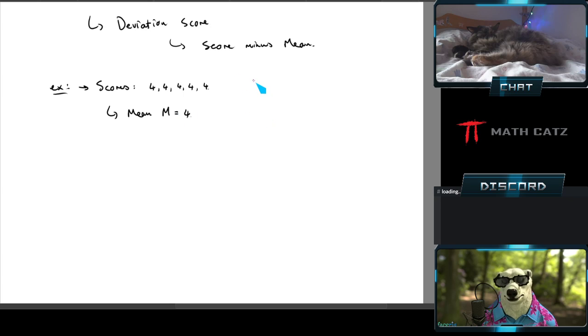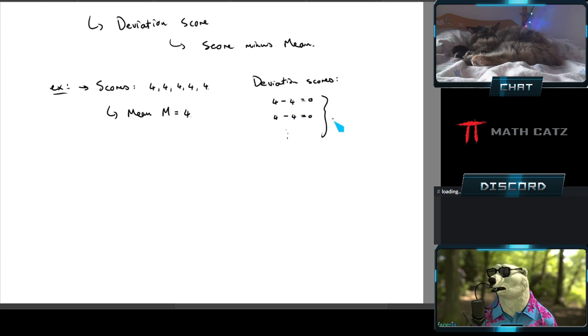If I look at the deviation scores, I'm going to take the first score and subtract the mean, 0. Next score, subtract the mean, 0. And so on. They're going to all be 0.